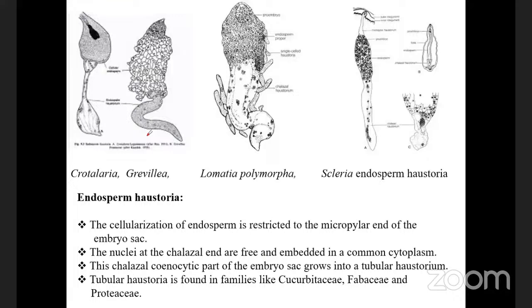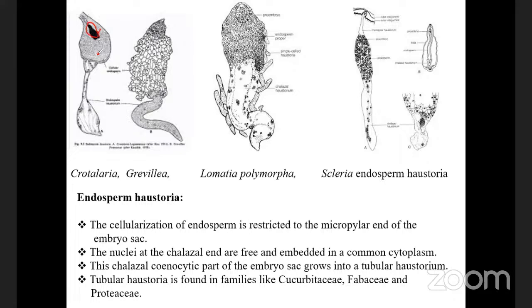What happened? Sometimes the cellularization of endosperm is restricted at the micropylar end of the embryo sac. For the development of the embryo, the cellularization of the endosperm will be stopped.